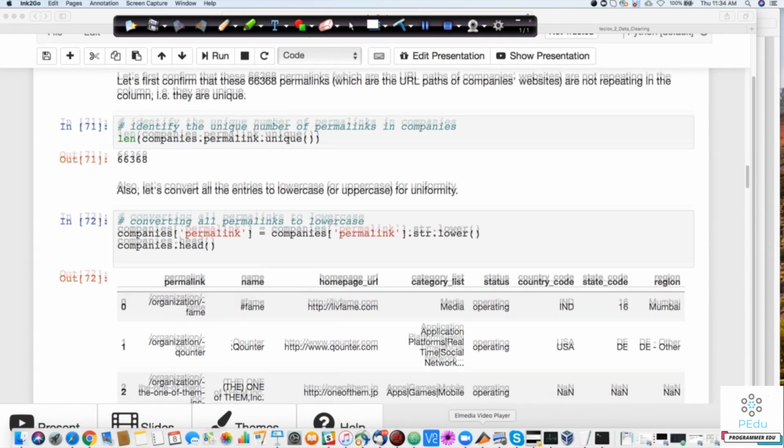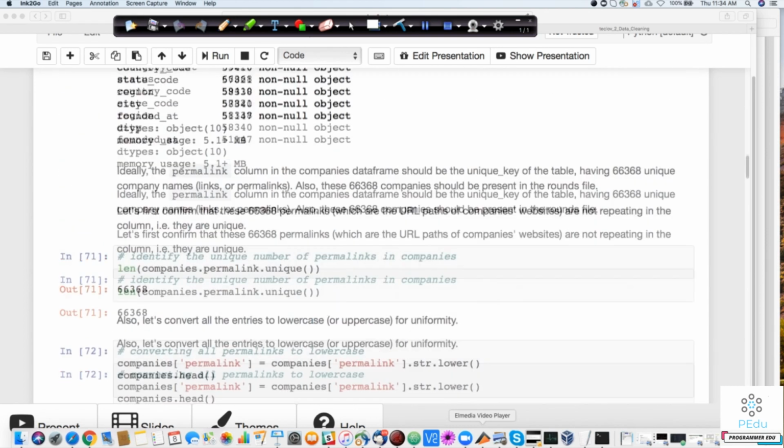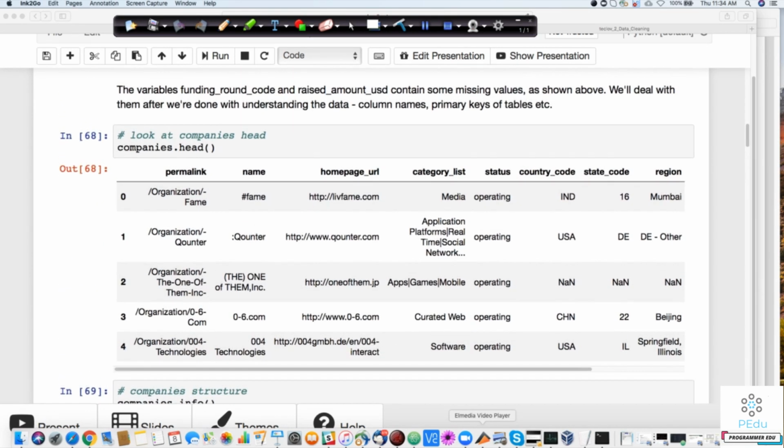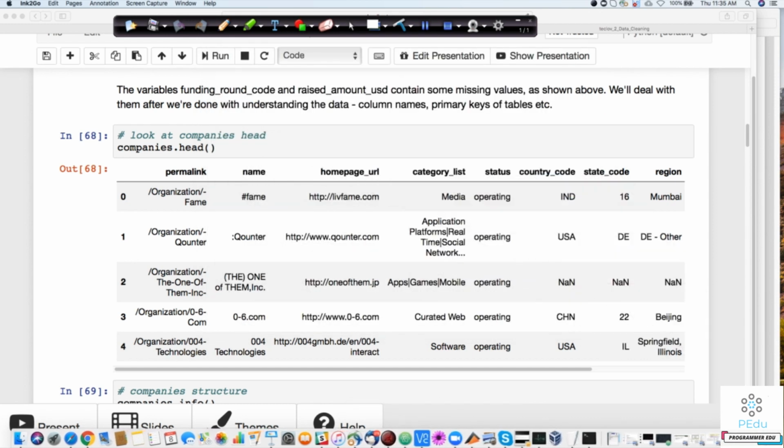Now let's go ahead and see a few more things. There's also a possibility that if you look at this data, maybe somewhere it might have been mentioned as something else, and in some other case as something else. If you look at this part, we are getting organizations frame and so on, right?